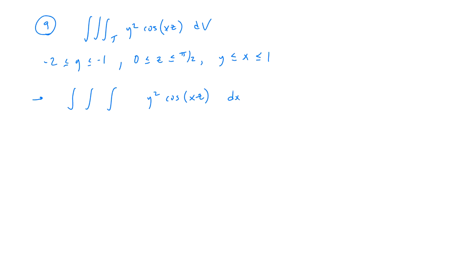And then, again, it doesn't really matter. z, sure. Okay, so now we can just write in the limits, because x is given as y to 1. z goes from 0 to pi over 2. And y goes from -2 to -1.